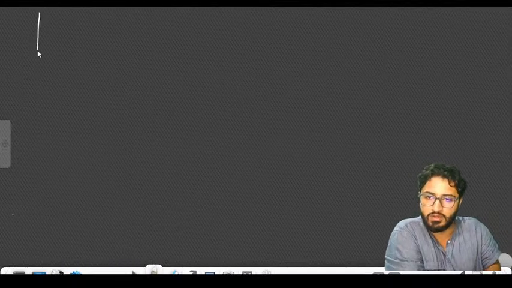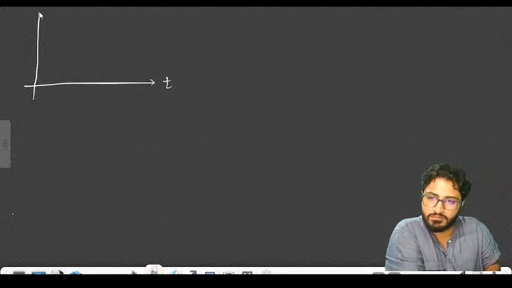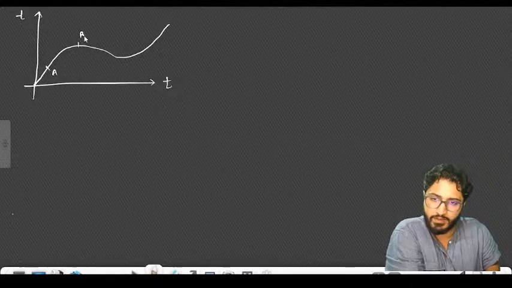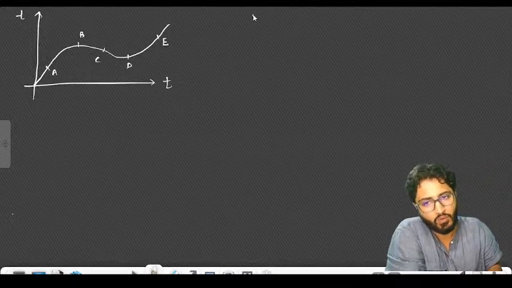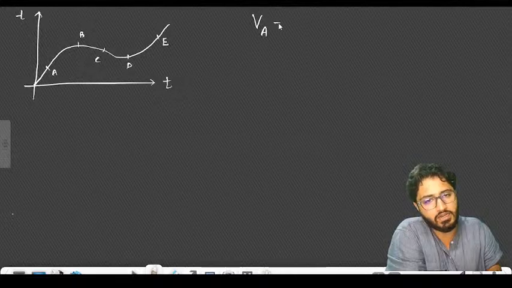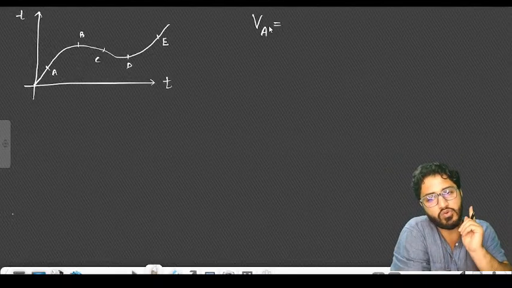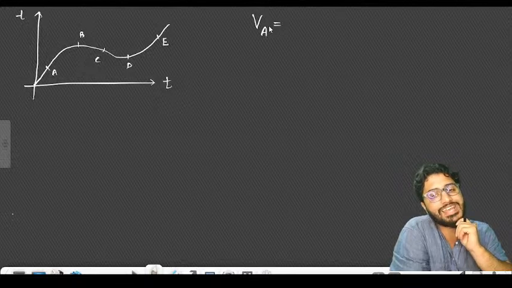Okay, look now. If we are having a graph like this, with points A, B, C, D, and E. Give me the sign of velocity at A. Is it positive, negative, zero? What is the velocity at A?